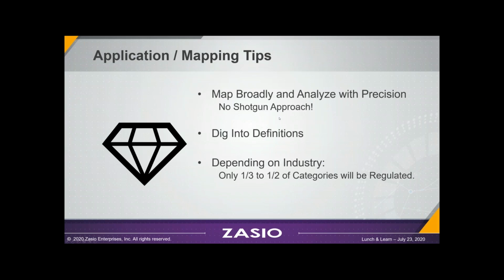As far as the mapping goes, Jen talked about mapping broadly, but then also analyzing with precision. And I think there's a balance there that needs to be struck. And it's a hard balance sometimes to reach because you don't want to just shotgun approach it.